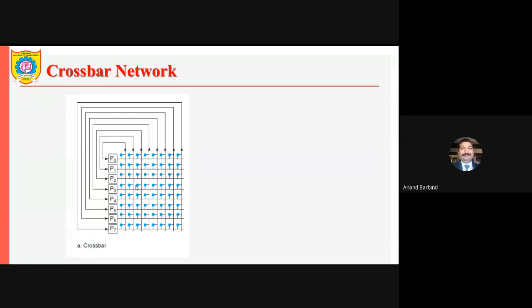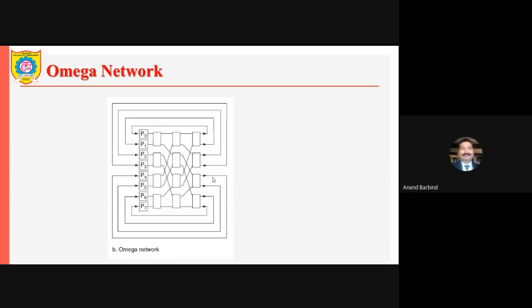Some of the nodes can be memory elements also, but here all the nodes are shown to be processors. So depending on the required communication path, one node gets connected to the other node. So this is the crossbar network. Okay, so it is a kind of fully connected network.